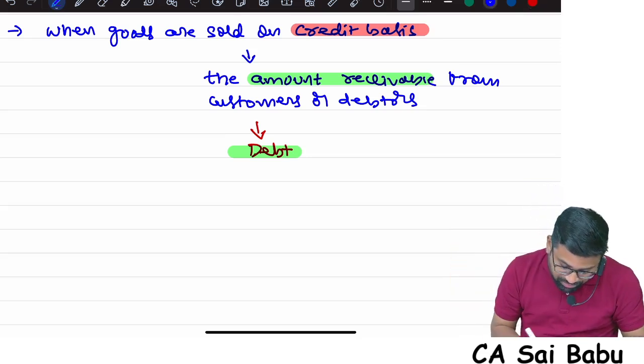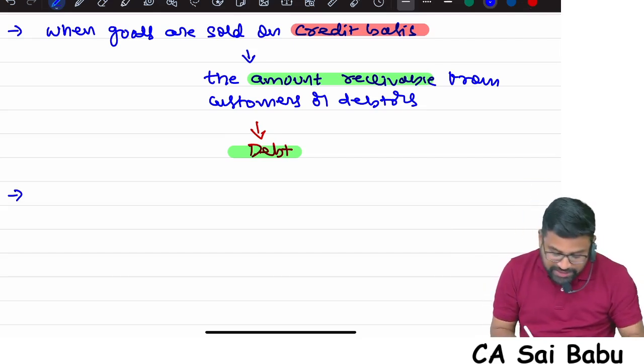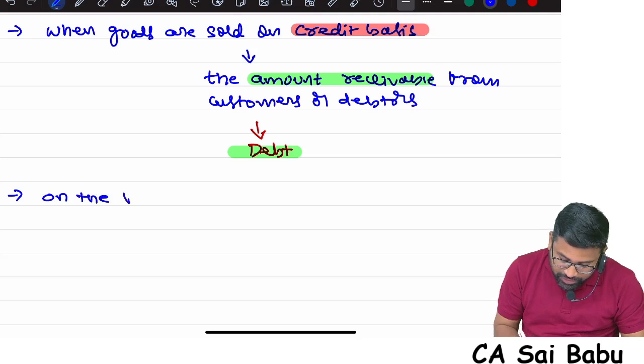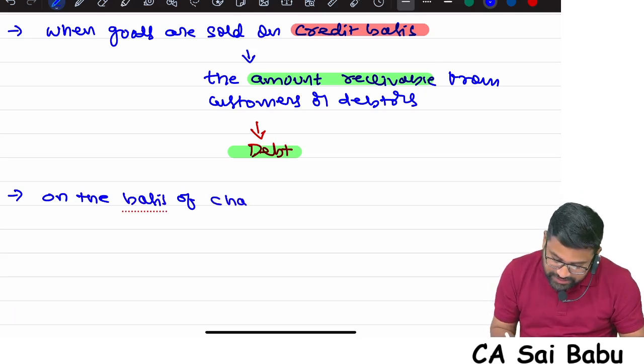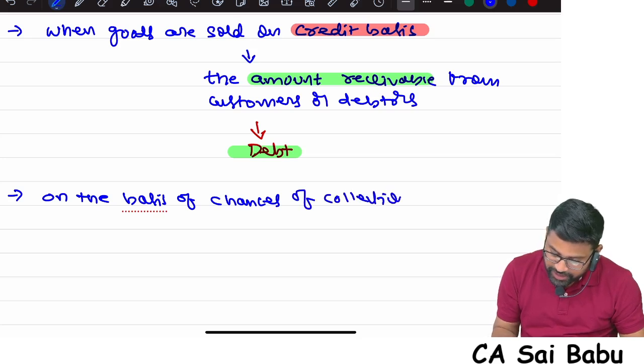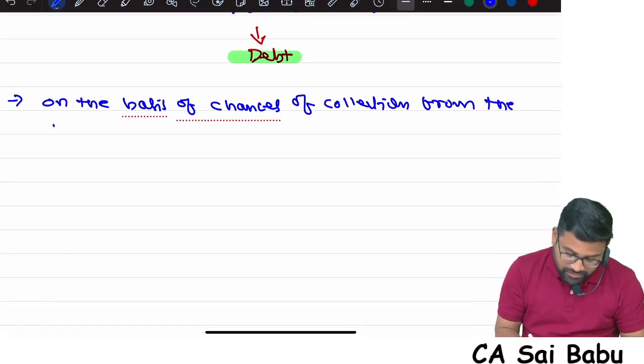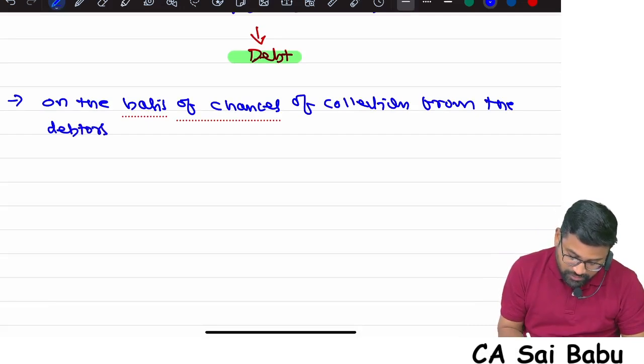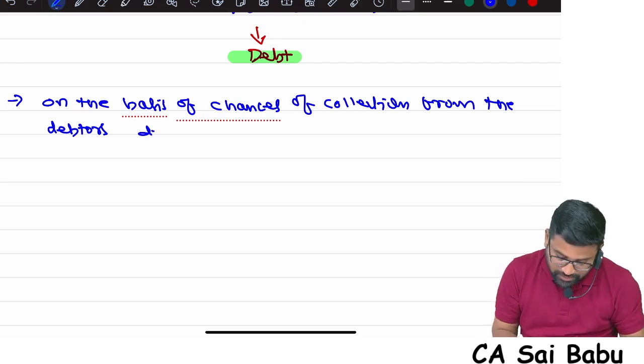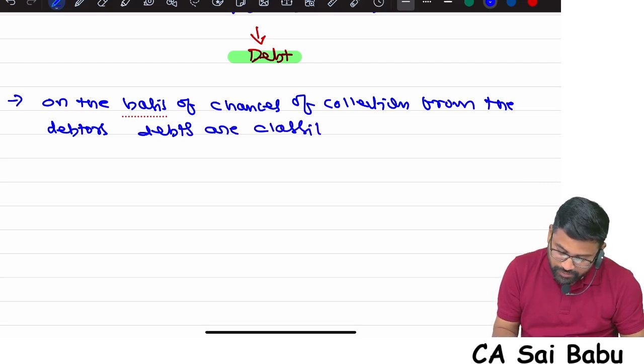Now, the second point is, on the basis of chances of collection from the debtors, debts are classified into three categories.